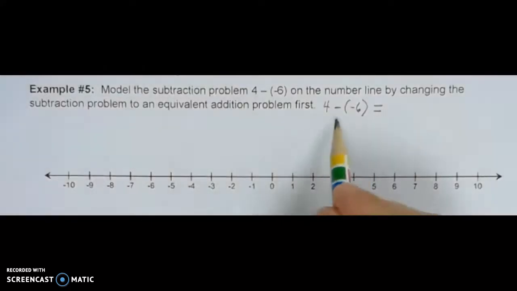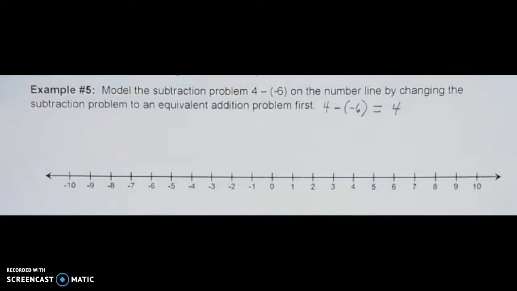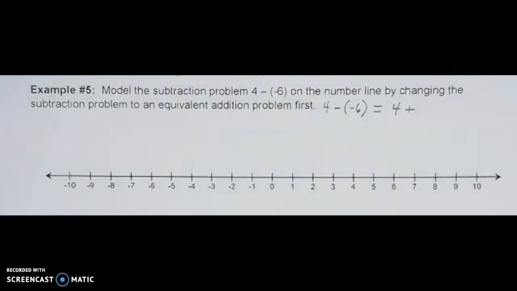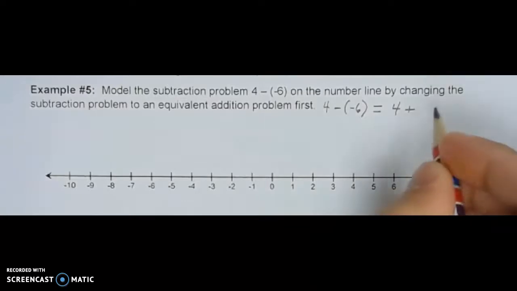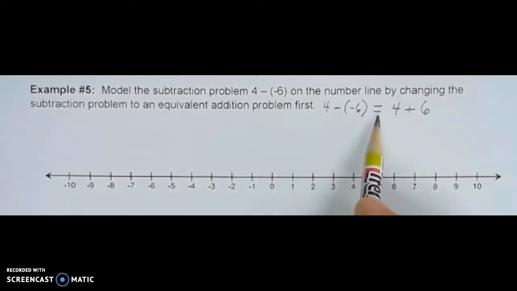So again, the process here, you keep the first number the same. So my 4 is going to stay the same. And then I'm going to add the opposite of the number being subtracted. The number being subtracted is -6. The opposite of that number is +6. So 4 minus -6 is the same as 4 plus 6.